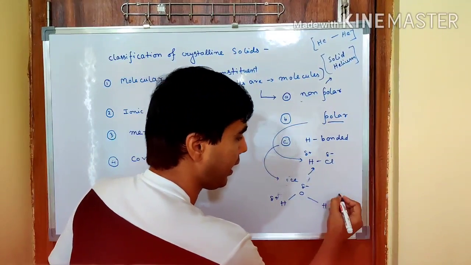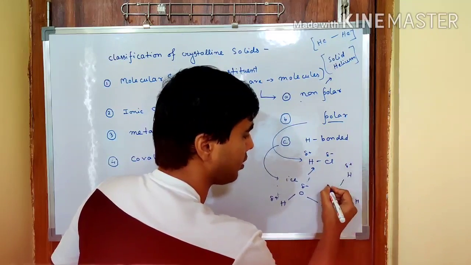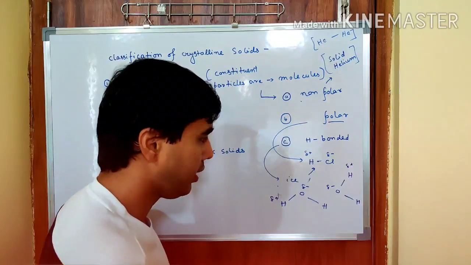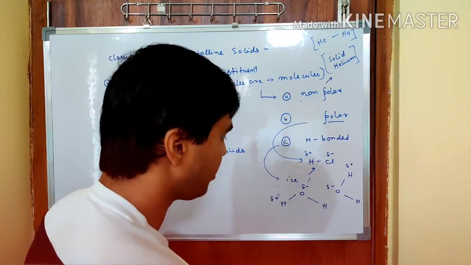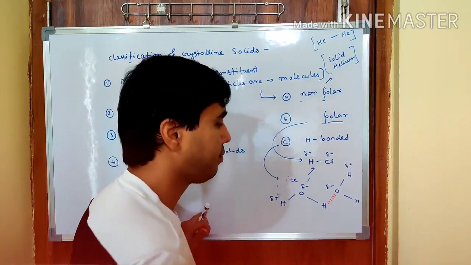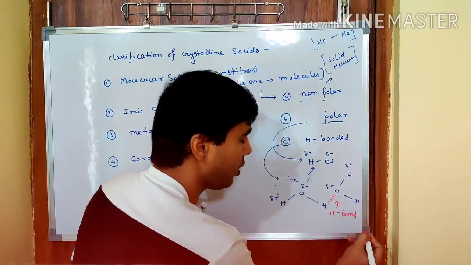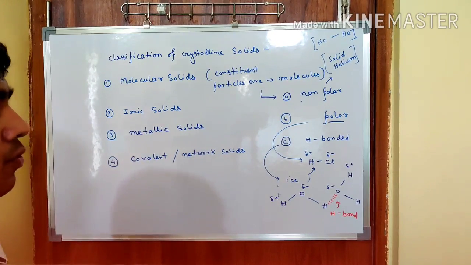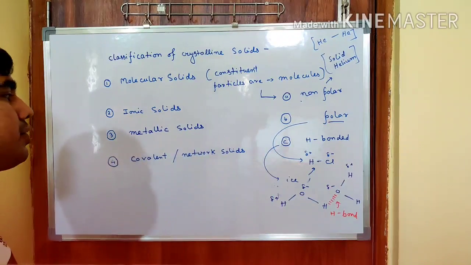So if another molecule comes between this oxygen and hydrogen, there will be hydrogen bonding, and this H bond will be responsible for the attraction forces. So if it is solid, this will be called hydrogen bonded.